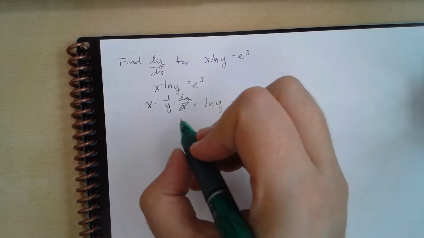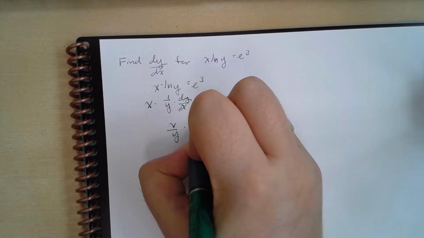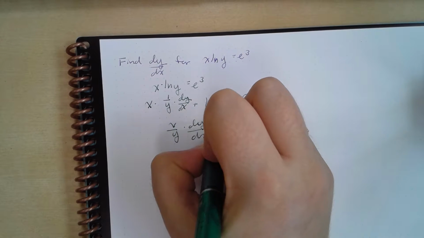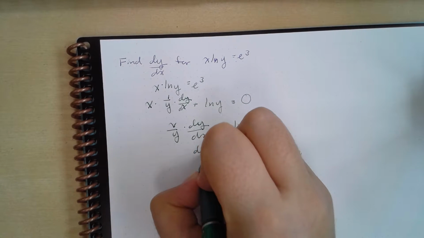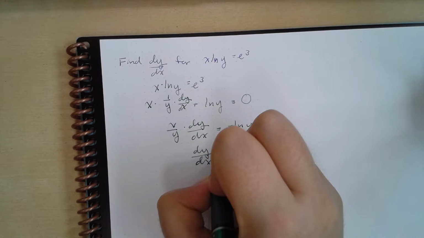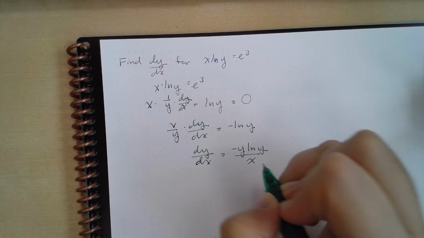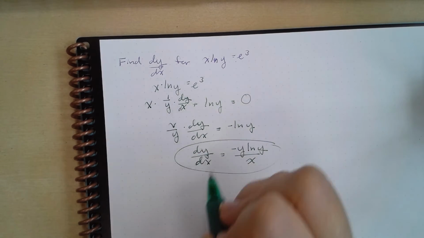So now I have x over y times dy over dx is equal to negative natural log of y. So dy over dx is equal to negative y natural log of y all over x. That's kind of a pretty one once it gets done there.